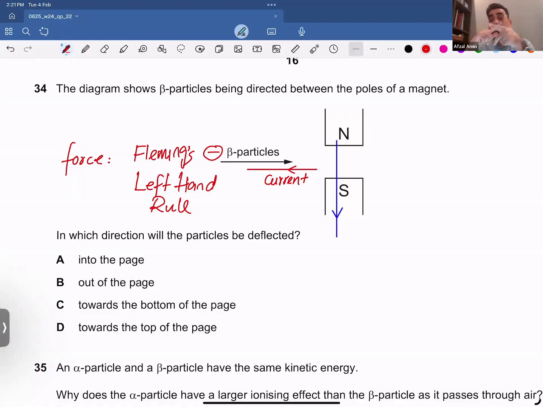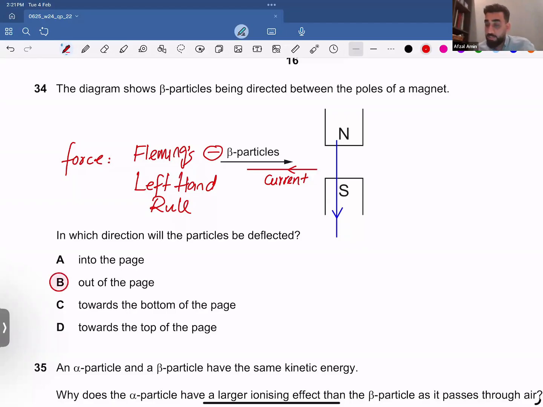Fleming's left hand rule is force, field, current. Thumb is the force, index finger is the magnetic field, and this is the current. Magnetic field we start north to south. If beta is moving to my right, current I will assume to my left. With current to my left and magnetic field down, north to south, the thumb is pointing to my eyes, so out of the page.